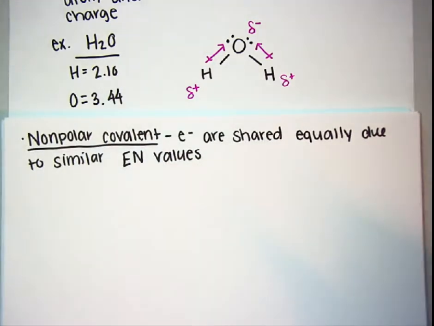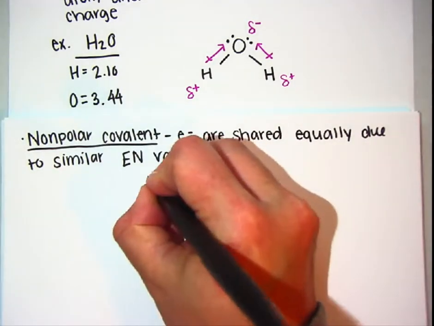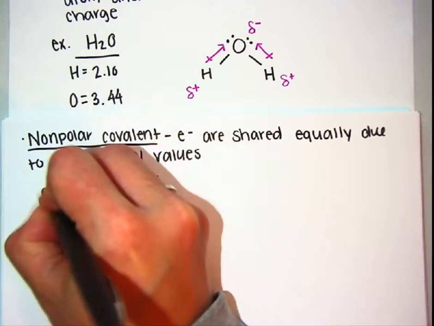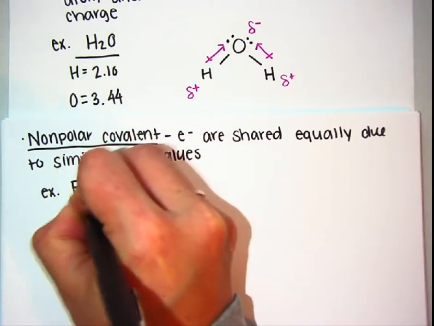An example of a nonpolar covalent compound is diatomic fluorine.